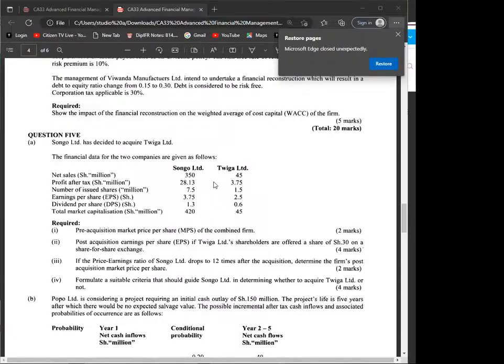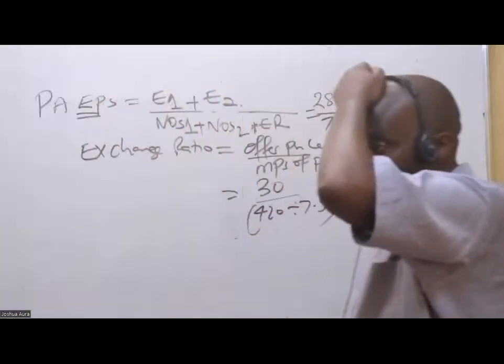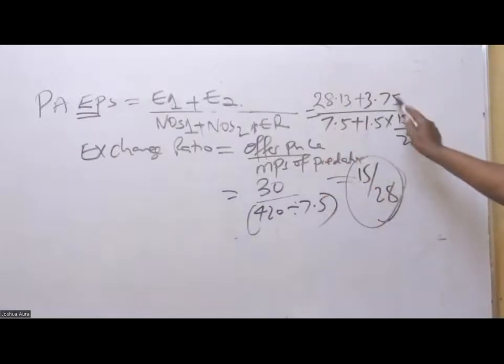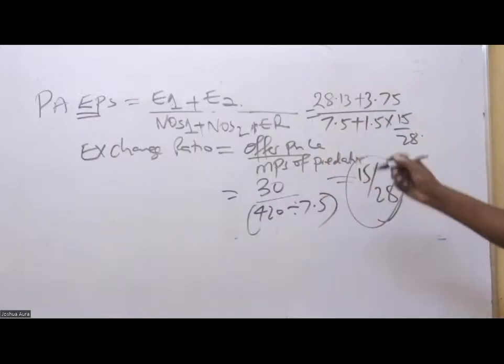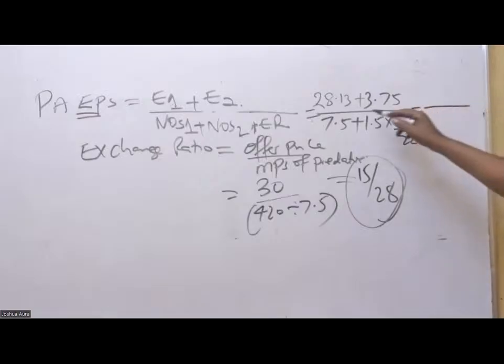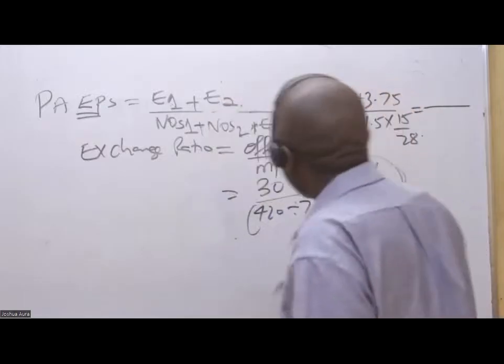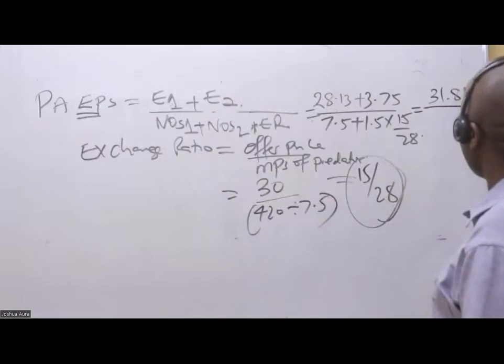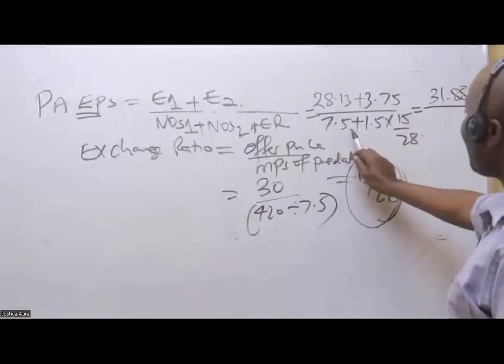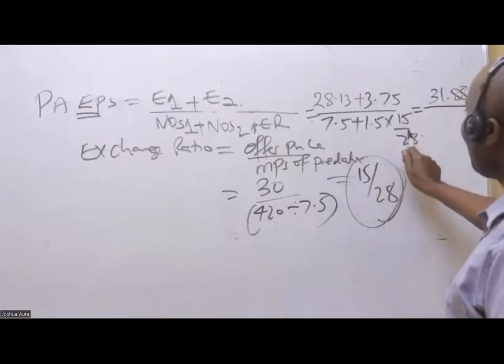So first of all, start by getting the numerator. Get the numerator first. You add the two and give me an answer. I write here: give me the numerator, this plus this. What are we getting here, somebody? According to Mandevi, 31.88. How about this 7.5 plus this times 15 over 28?